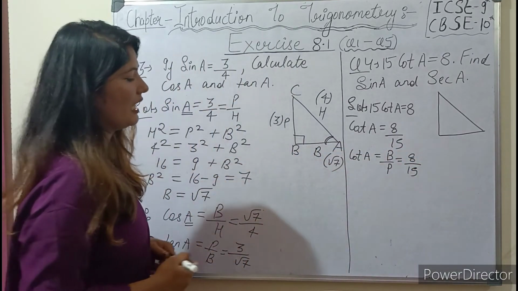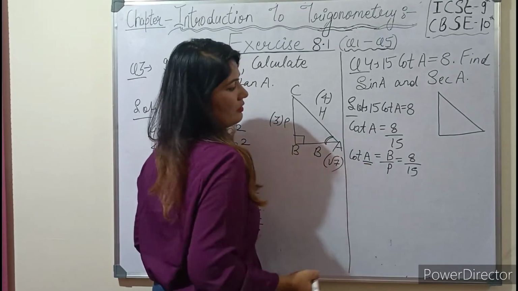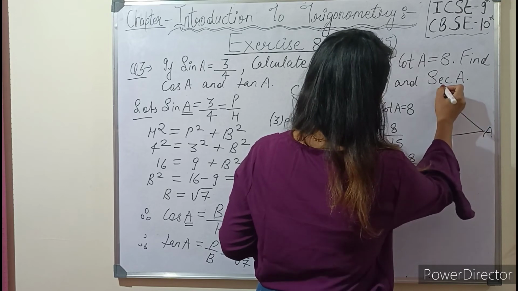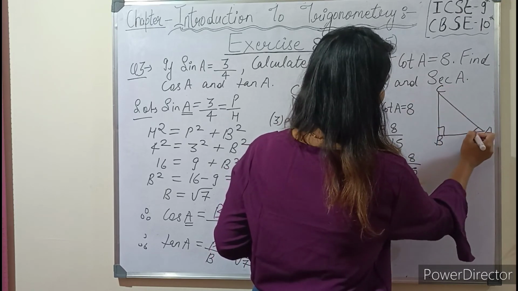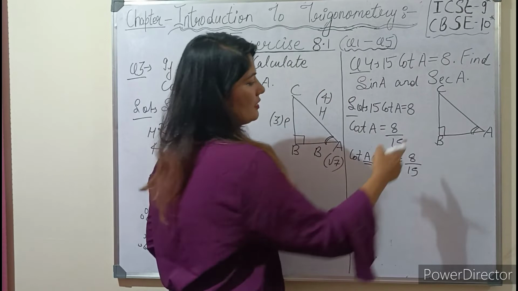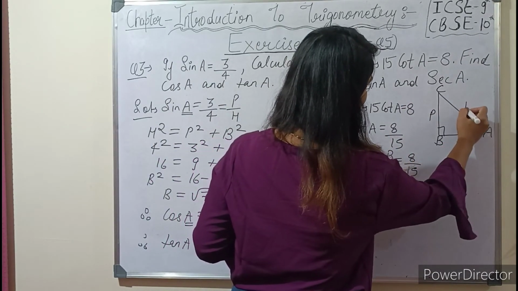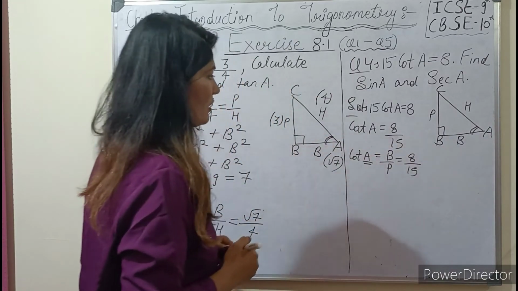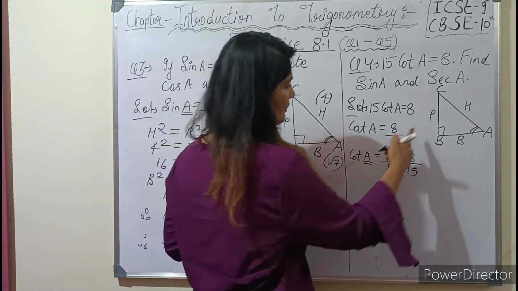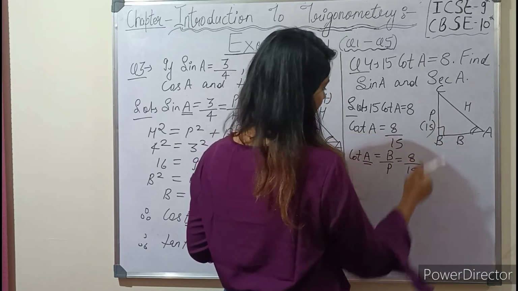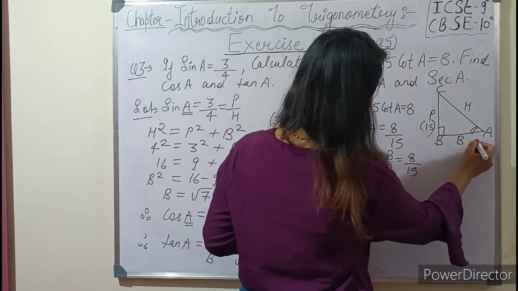Now in this case the angle is A. So assume that this is A, this is B, this is C. For the given angle A, this side is considered as the perpendicular, this is base and this remains the same. So here the value of P is 15, the value of B is 8.